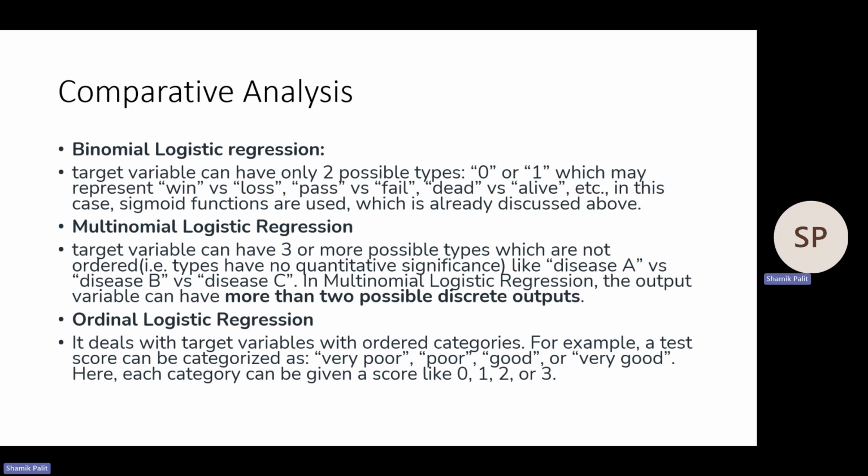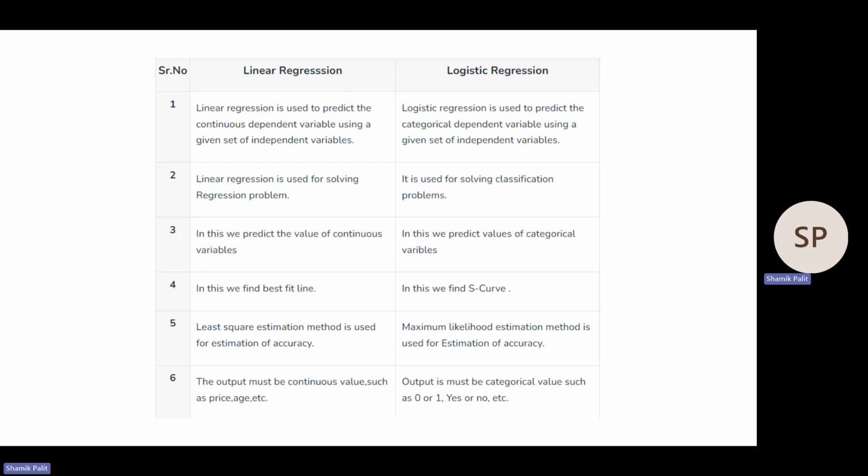So that's three different categories, and we can use them for various purposes: binomial, followed by multinomial, and ordinal logistic regression. If you do a very rigorous comparative analysis between linear and logistic regression, we can say that linear regression is basically used for predicting a continuous dependent variable, where a set of independent variables has already been given.